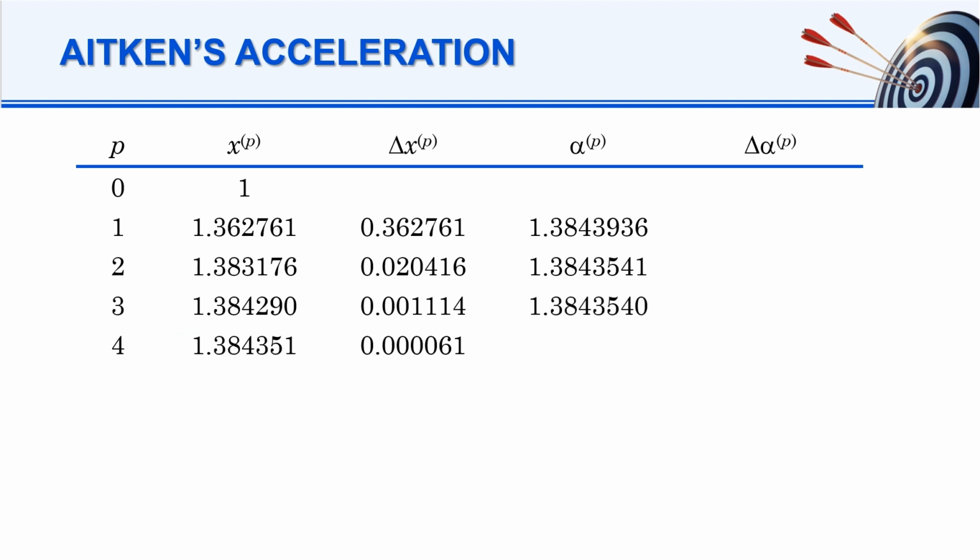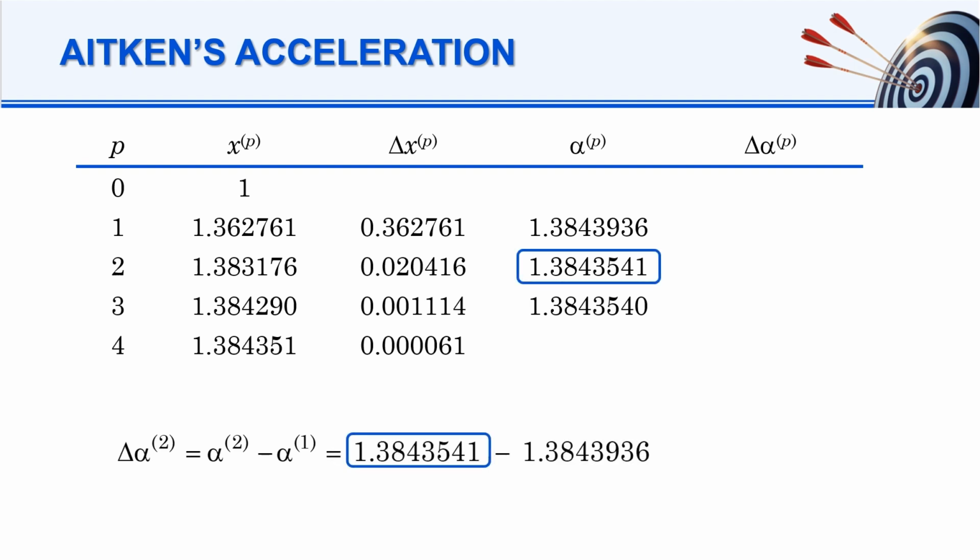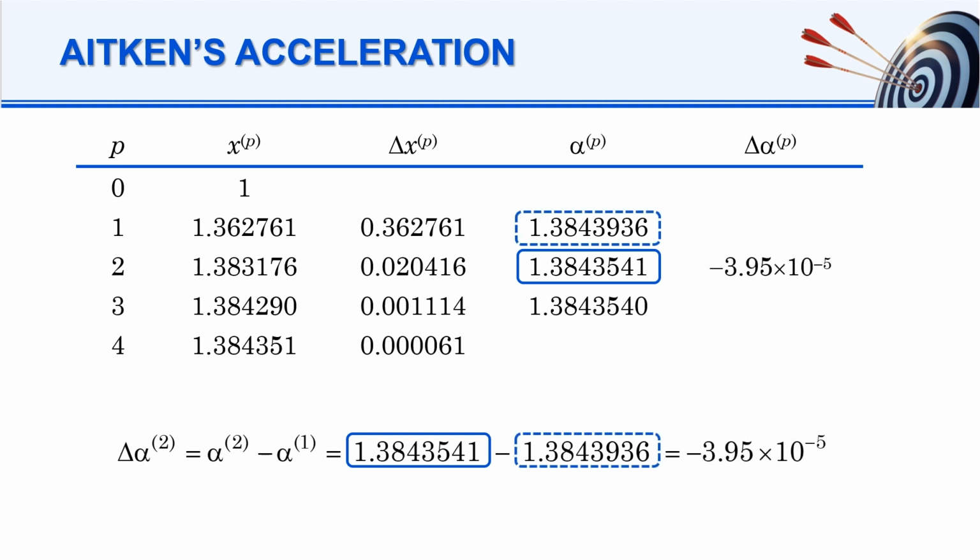The differences between the consecutive alphas are found as follows. Delta alpha 2 is in the order of 10 to the minus 5, which is also smaller than the prescribed convergence tolerance. Hence, at this point, we can terminate the iteration process and settle with alpha 2.